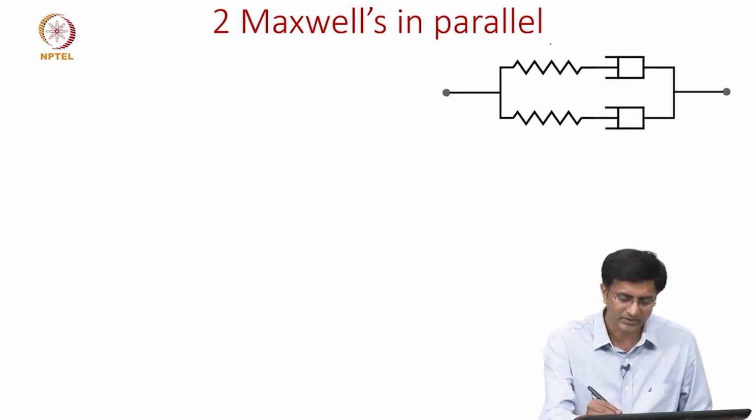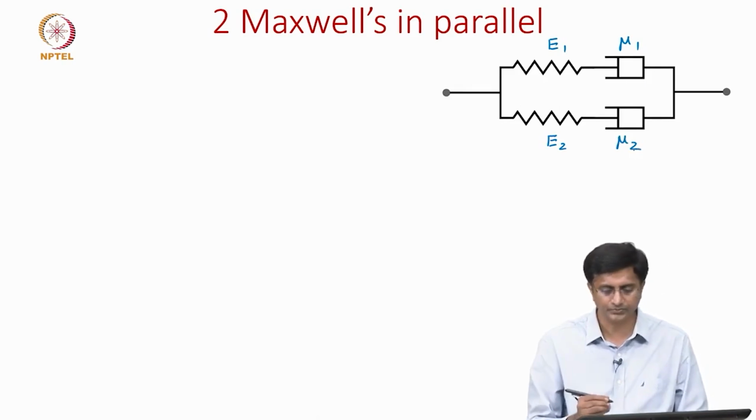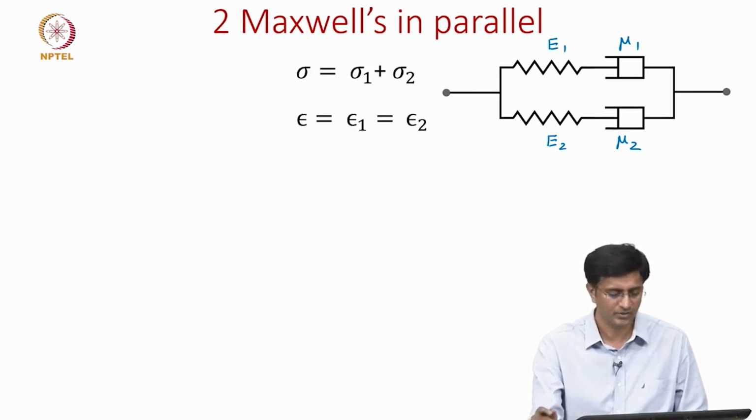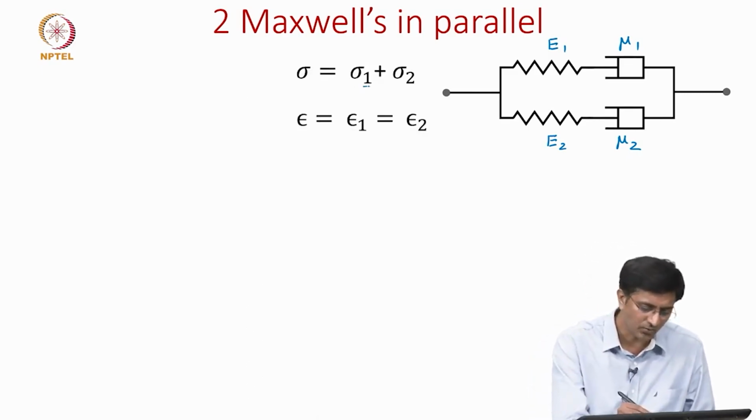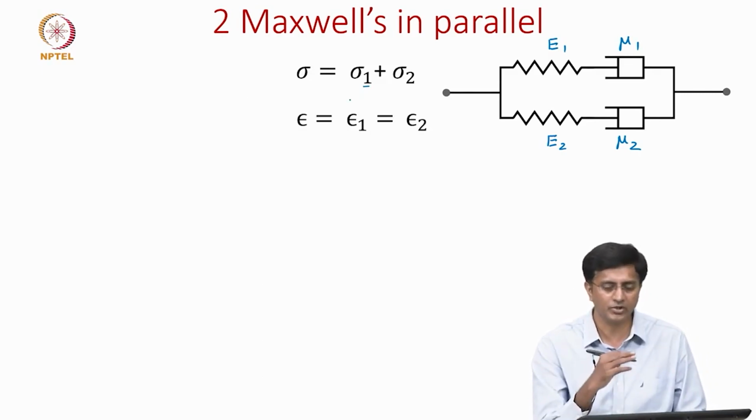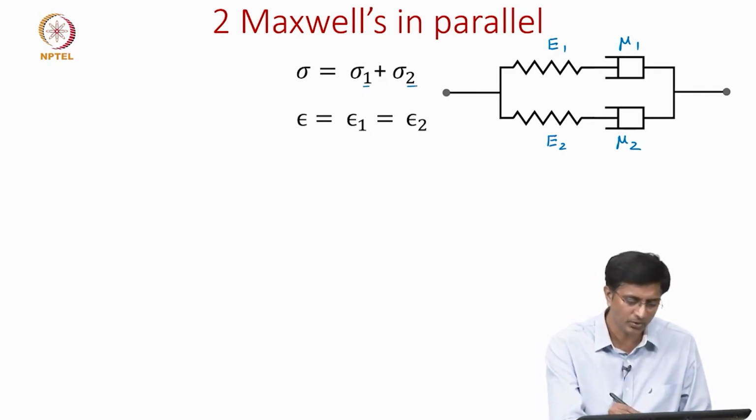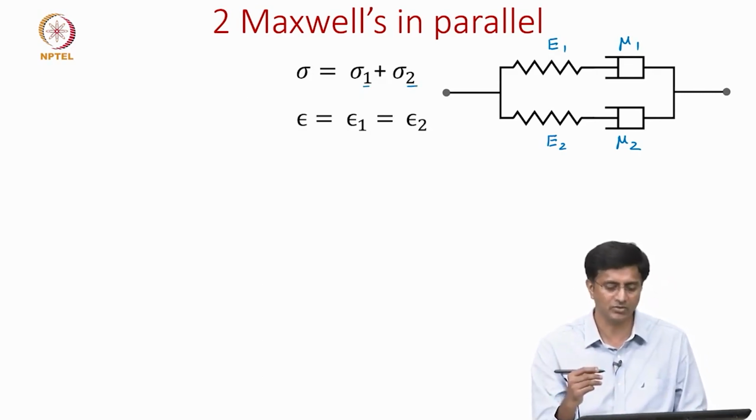So, we have this Maxwell 1 with modulus E1 and viscosity mu1, and similarly the other Maxwell model with E2 and mu2. For this, first let us look at the equilibrium equations and the kinematic equation. Here the subscript 1 represents the first Maxwell model, and the subscript 2 represents the second Maxwell model.